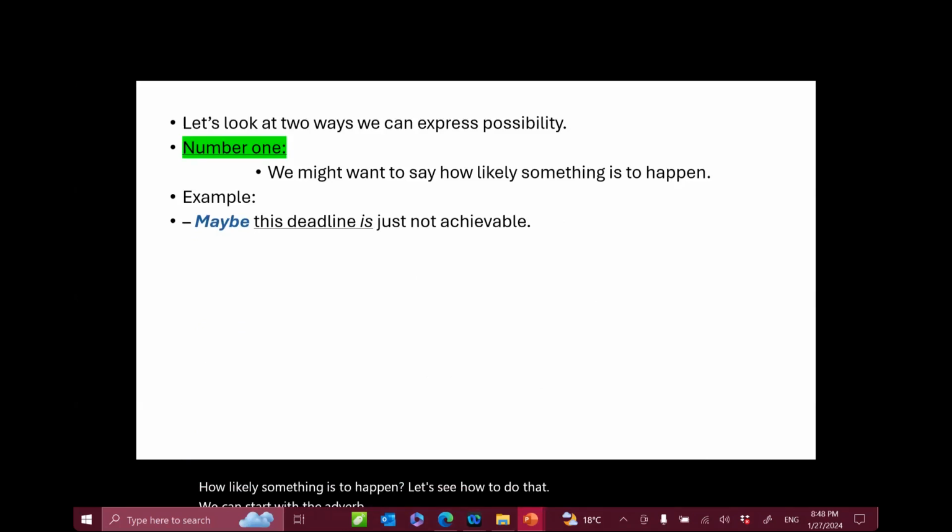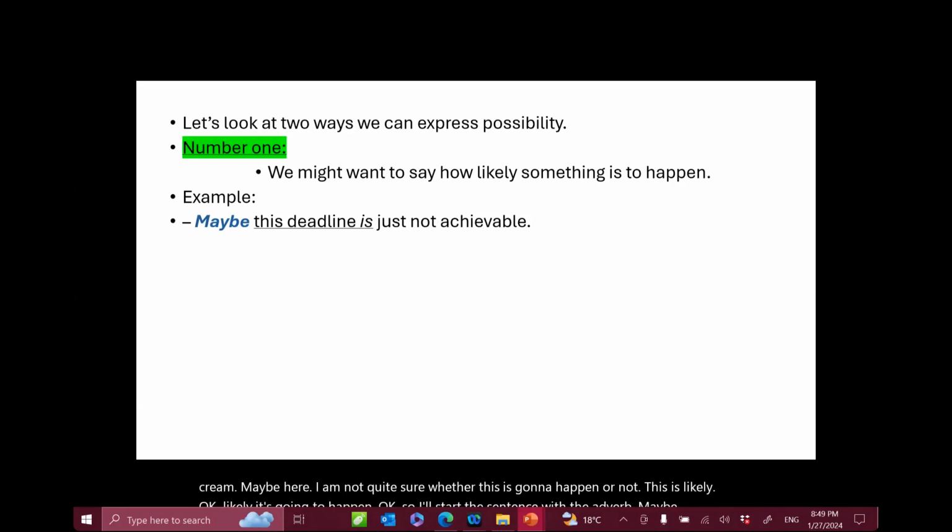Okay? We can start with the adverb maybe. ربما لو فاكرين. Maybe. Here I am not quite sure whether this is gonna happen or not. This is likely. Okay, likely it's going to happen.